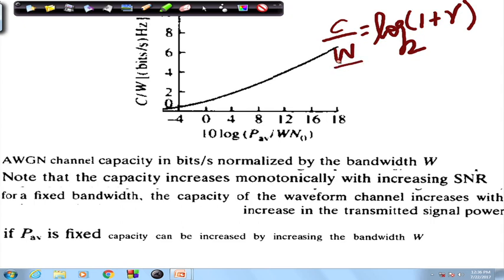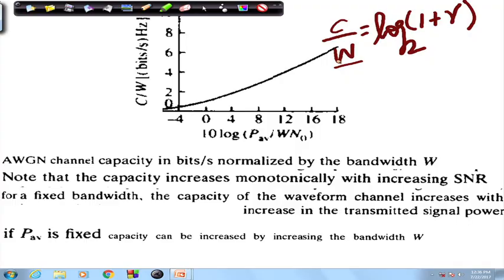This is related to when we studied PAM and QAM. We said that if you keep the symbol duration constant, that means the bandwidth, which is 1 upon T, is constant. So, if you increase the transmit power, you can increase the number of bits per symbol, and this expression gives us the upper limit to it.